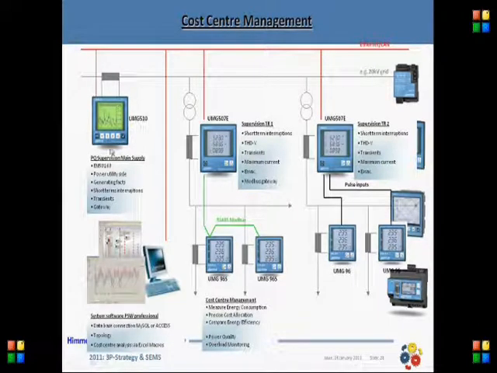So instead of a single energy meter at the main utility side, we have installed also smaller meters inside. And these meters are communicating via Ethernet to the central software here.